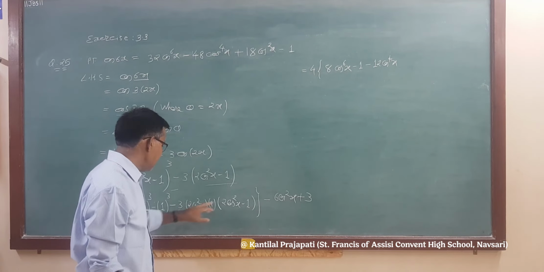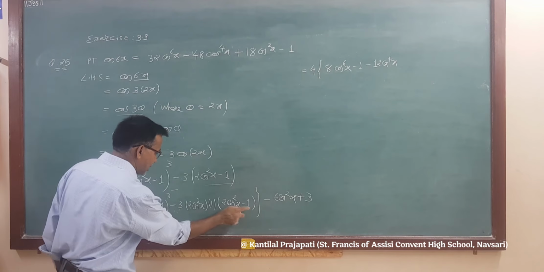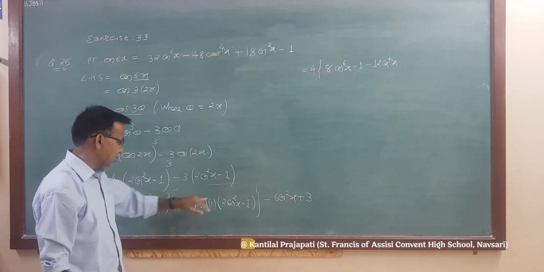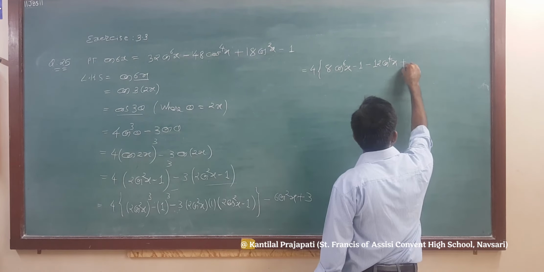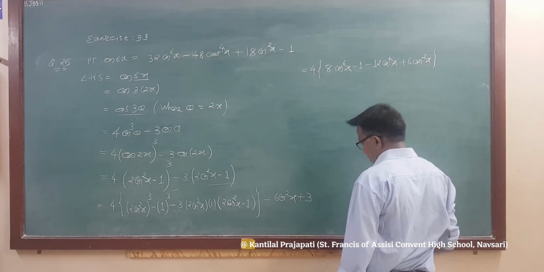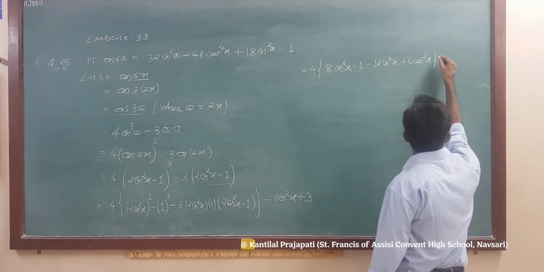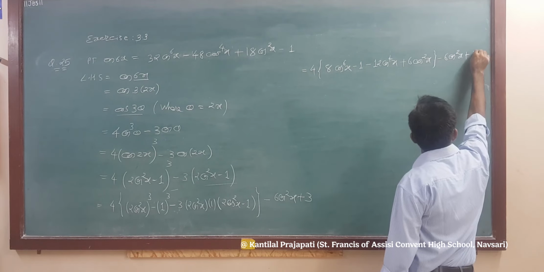Then the 6 cos square x is multiplied with minus 1, so minus minus plus 6 cos square x, bracket over, minus 6 cos square x plus 3.